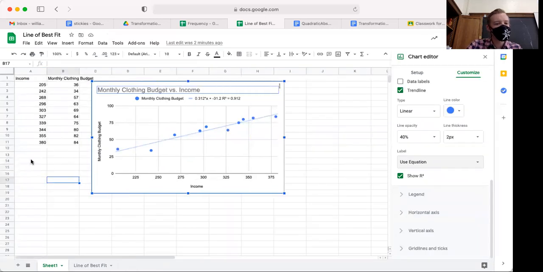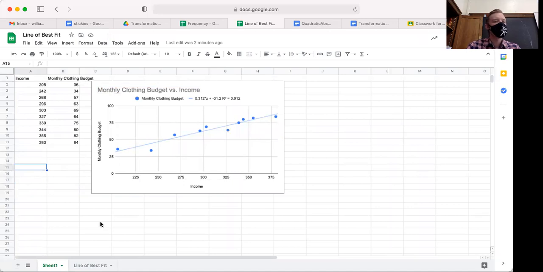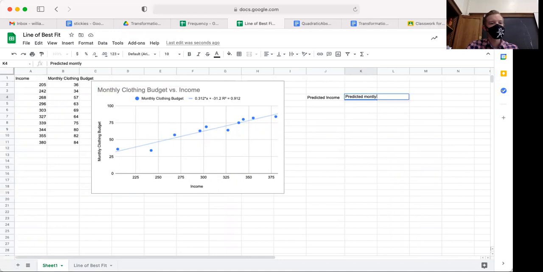I'm going to start by labeling out a couple of things. Let's do this over here on the side: predicted income and then also predicted monthly clothing budget.